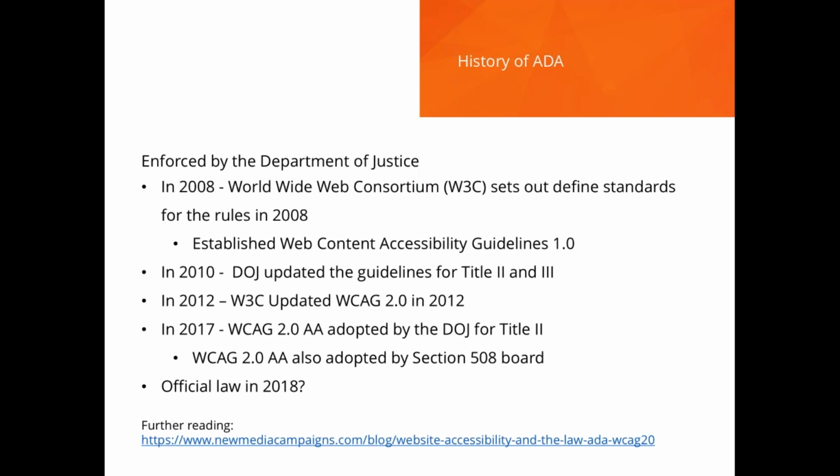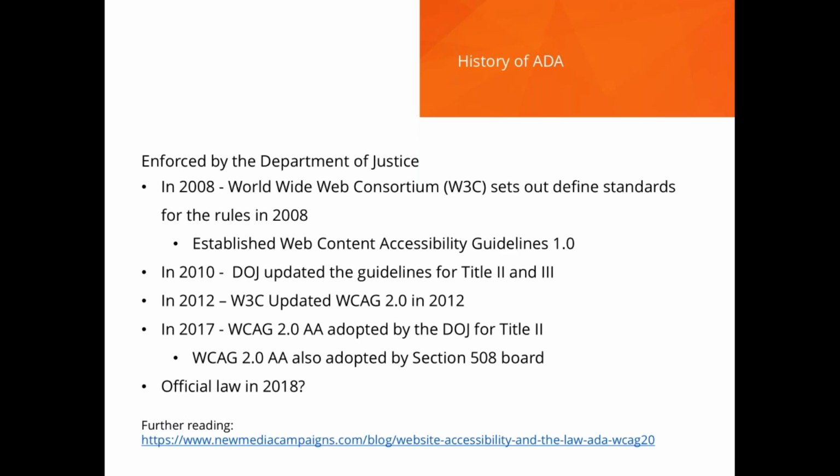So the DOJ in 2010 updates the guidelines for Title II and Title III, which reference the work done by the W3C. Now, again, no one's sitting still. The W3C updates the standards in 2012 with version 2.0, and I'll talk shortly about the difference. But that becomes the adopted standard at this point.